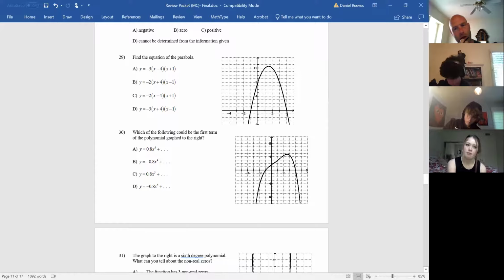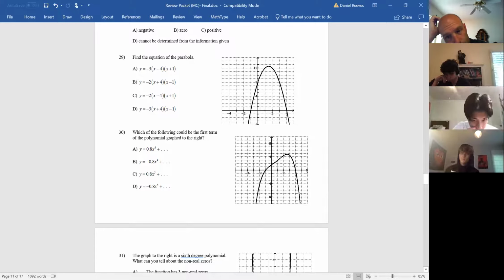Okay, number 30. I've got an idea, and I am gonna write two words. What did I write for number 30? Graphing polynomials. It would have been a good one. I summed it up as end behavior.